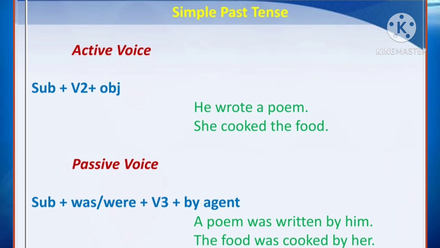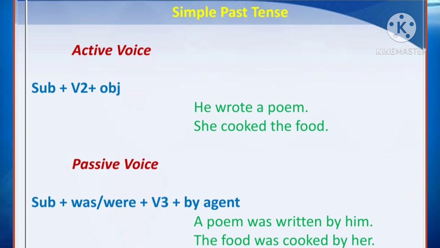Now how will you change it into passive voice? The rule is given there. Subject plus was or were plus V3, that is past participle form of the verb, plus by agent. The first sentence was he wrote a poem. So a poem is an object there. Now when you change it into passive voice, it will become the subject. So we will start with a poem.